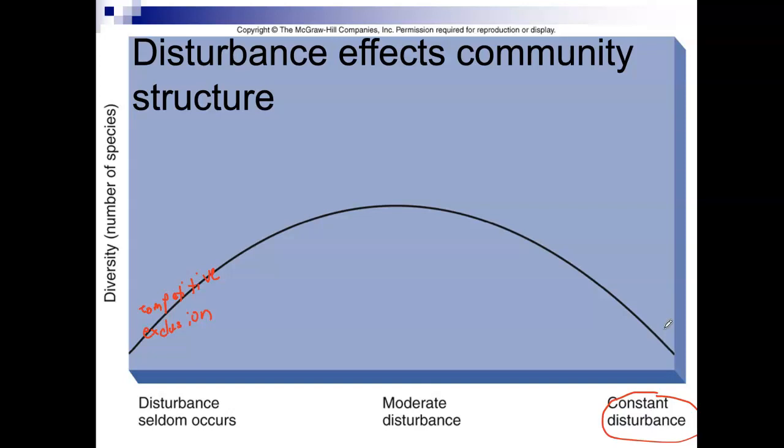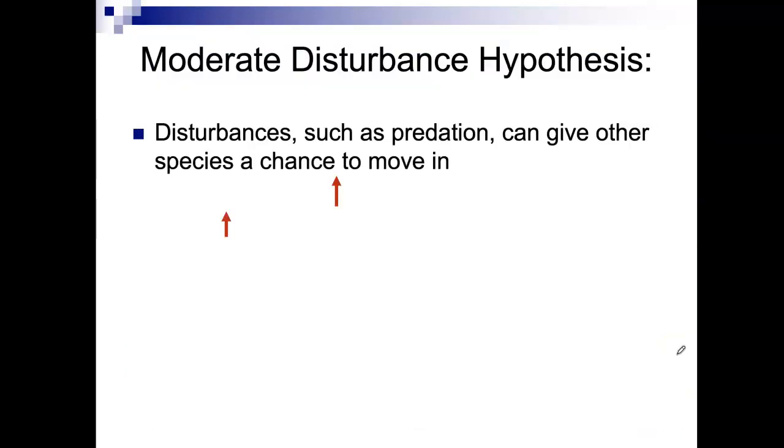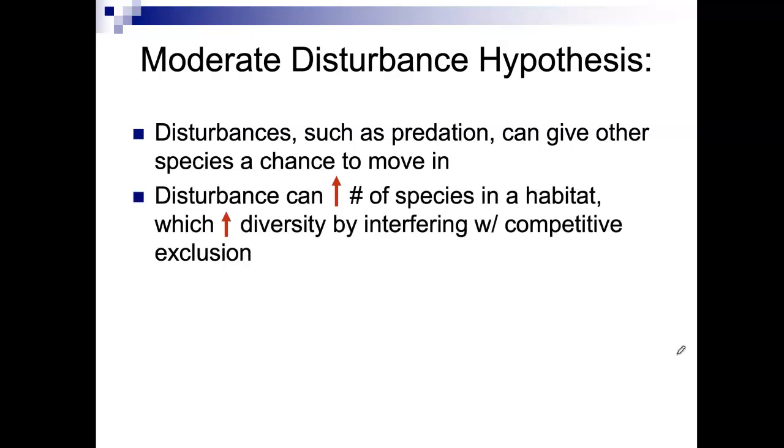Or if you had something like back-to-back hurricanes, okay, that's going to lead to too much disturbance and a lower biodiversity. So moderate disturbance is best, okay?